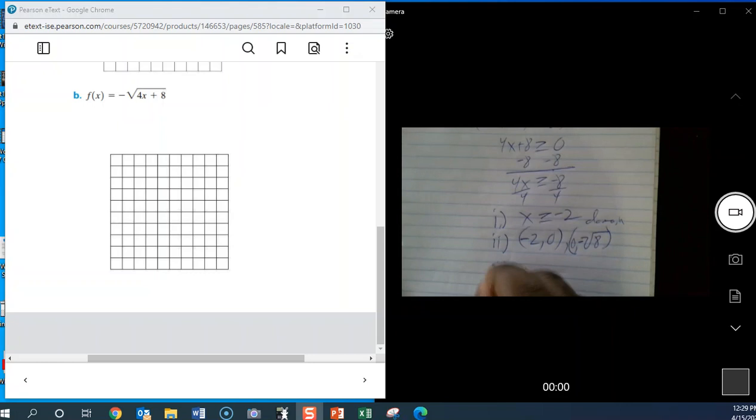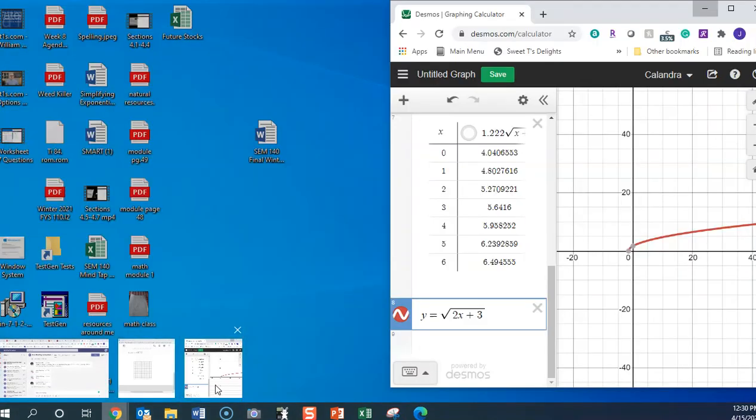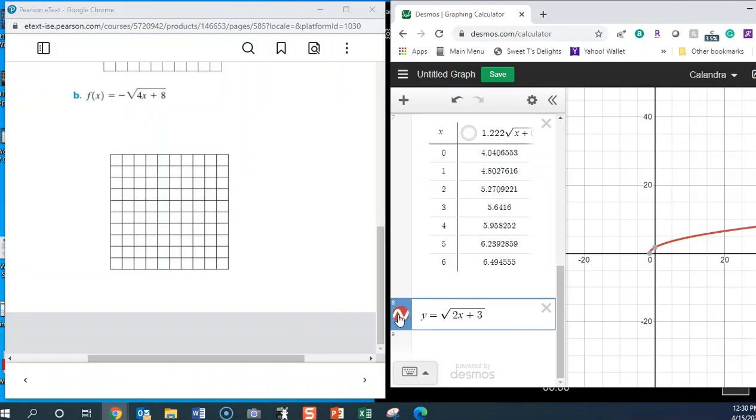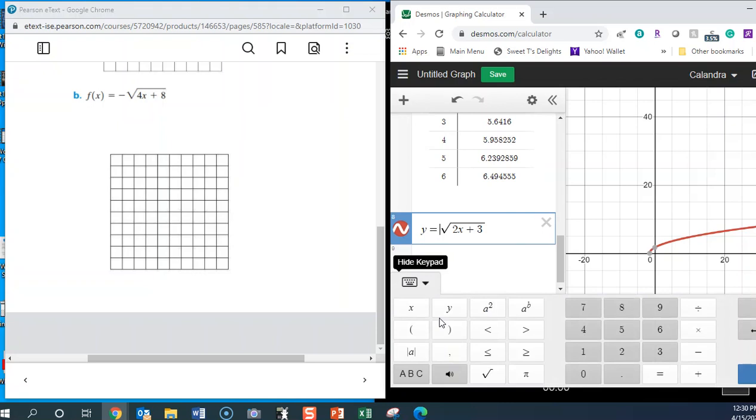Now we go to 3. 3 is just basically us graphing it. So we will go here to our Desmos. I'll leave the graph on and then just change this. So we have y is equal to, we'll put the negative sign out front, and then it'll be the square root of 4x plus 8.